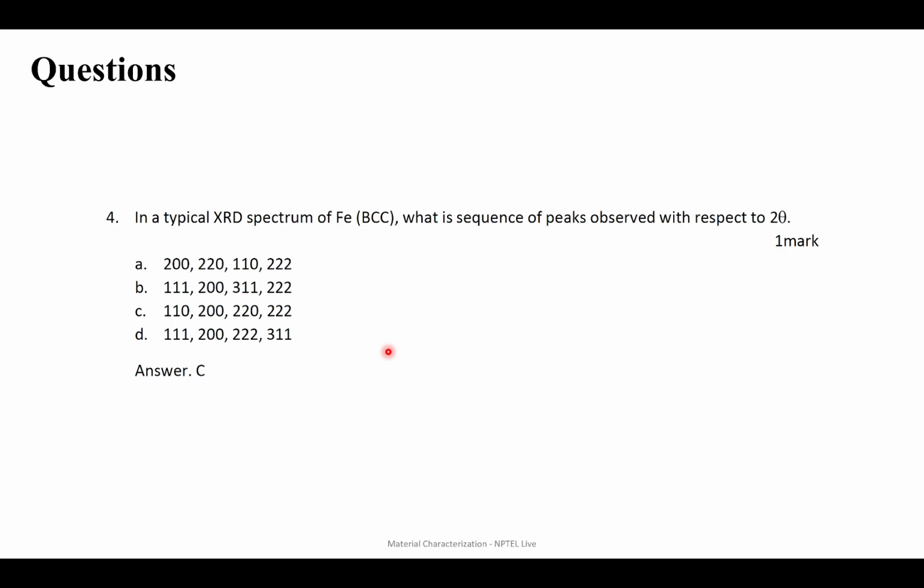Only two indices are valid, H and K, so it can have all the values for H and K, and L will be determined by negative of H plus K. So if H is 1, K is 1, then L will be -2, and like that.